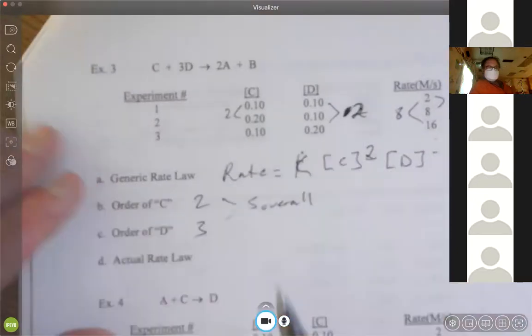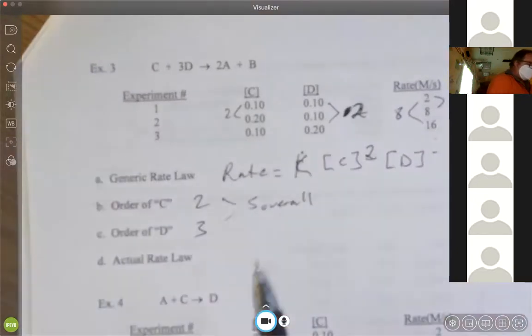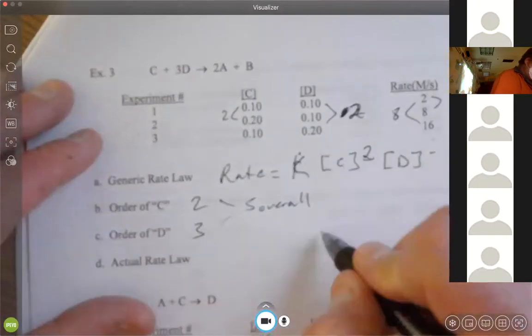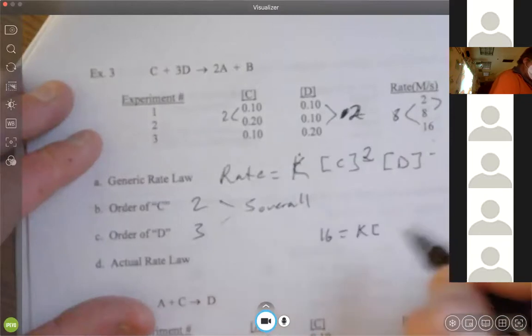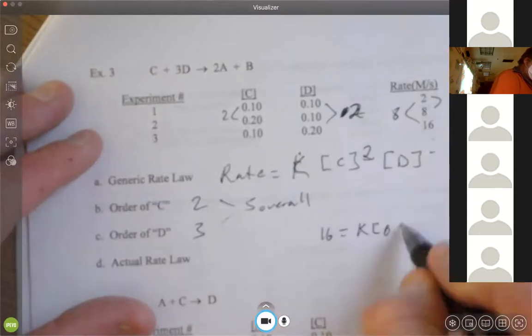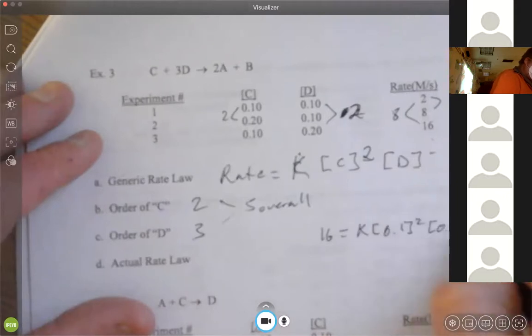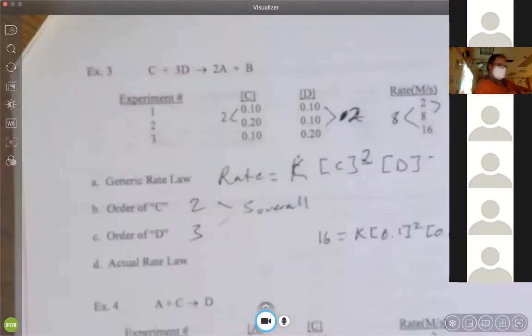So if we want to find the actual rate law, we know that 16 equals K times 0.1 squared times 0.2 cubed. I need a real calculator for this.